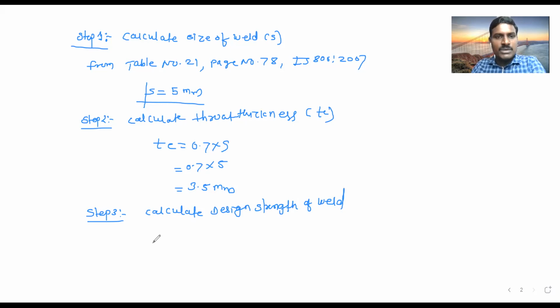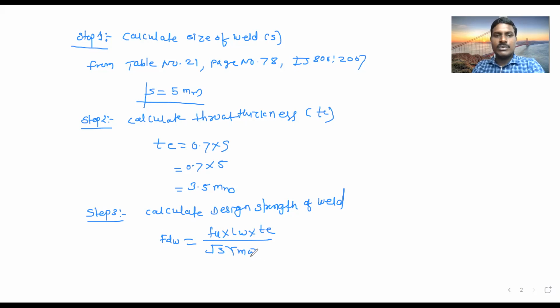Have you read the problem statement properly? Fillet weld. So we have to use the formula for fillet weld. Fdw is equal to fu into Lw into t divided by root 3 gamma mw.